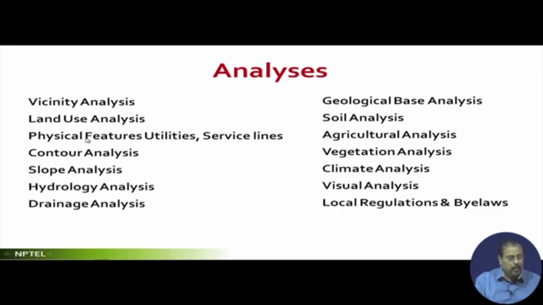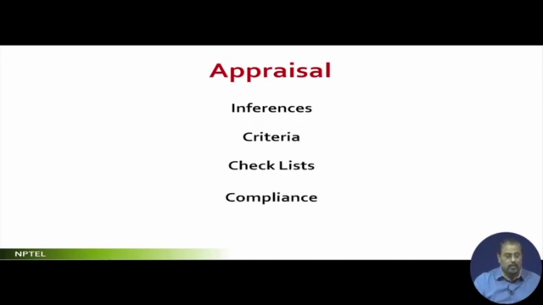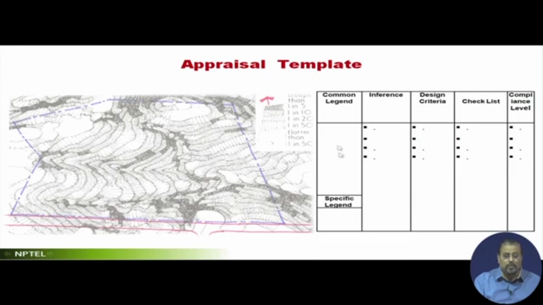So each of these analyses will have its own specific set of legends. If I now go to that, you will see that common legends will remain common for all the sheets, and the specific legends will correspond to the analysis that you are doing. After that, for that specific analysis, you will have a set of inferences drawn based on the information that you have got.